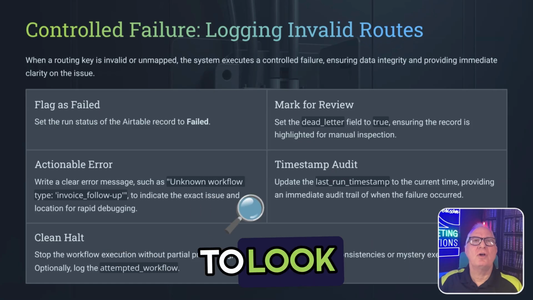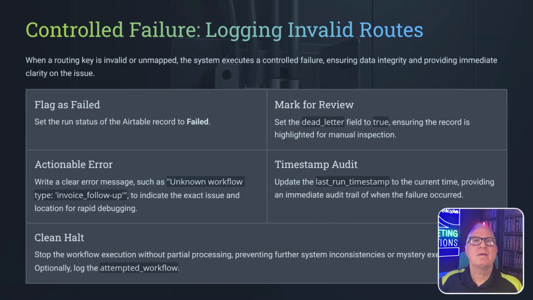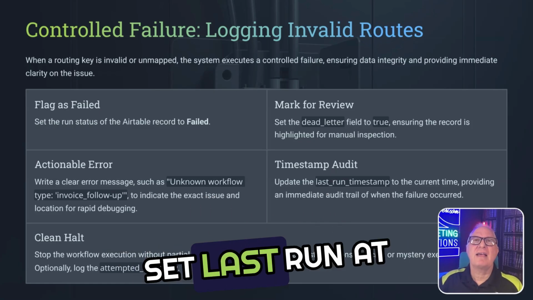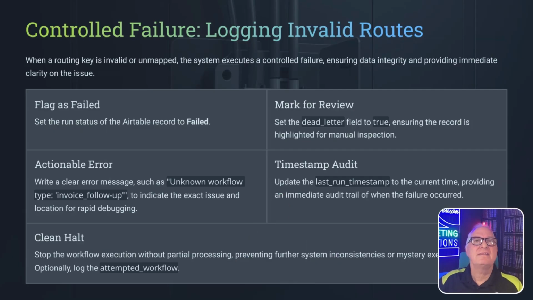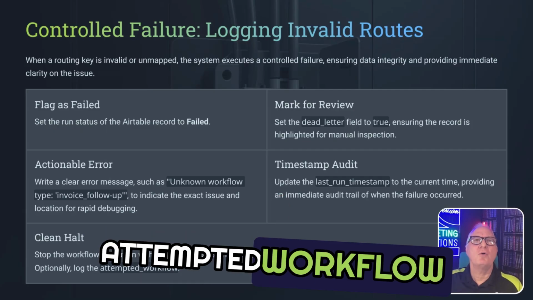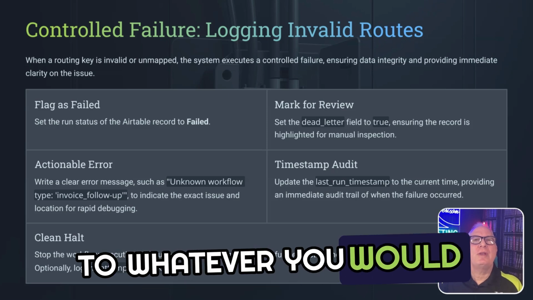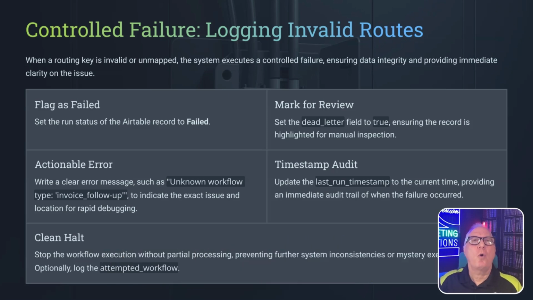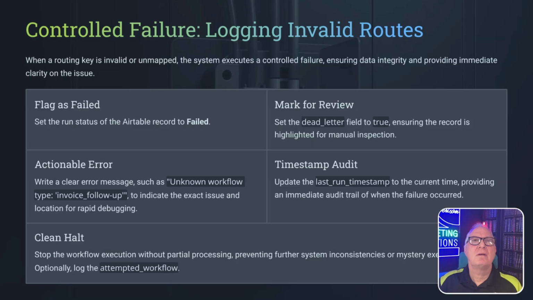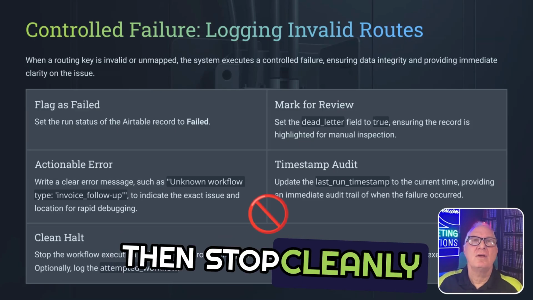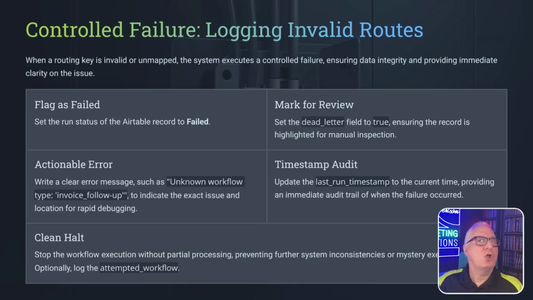It tells you where to look. Set last run at to now. Set attempted workflow to whatever you would have run, or leave it blank if nothing matched. Then stop cleanly. No partial execution. No mystery.